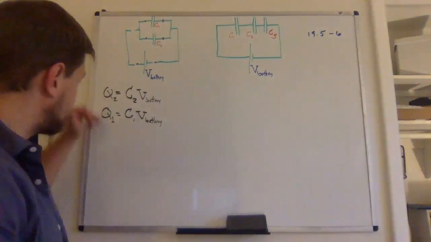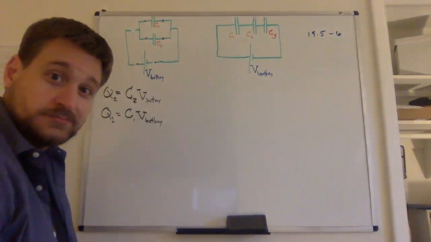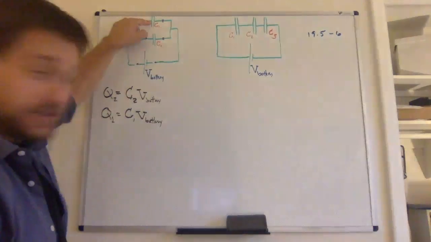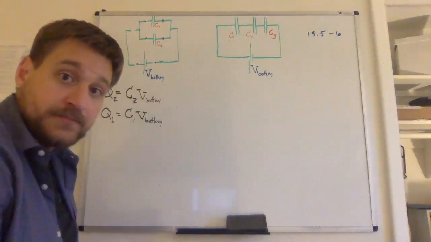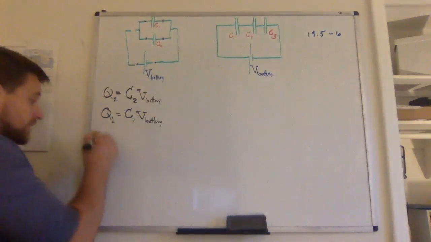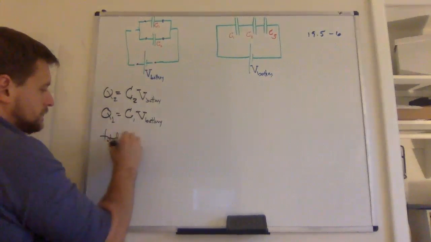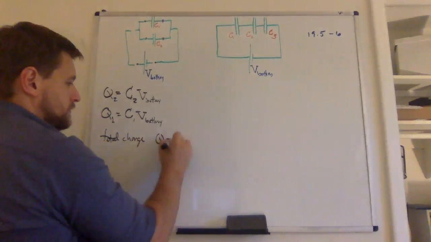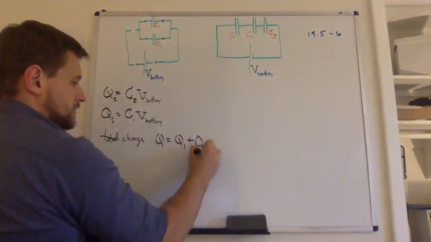So we had to move the total, because charge is conserved. If we put this much here and this much here, it's the total that we need. Okay, so the total charge, Q equals Q1 plus Q2.